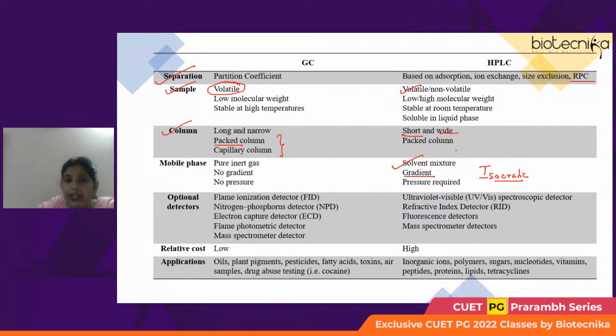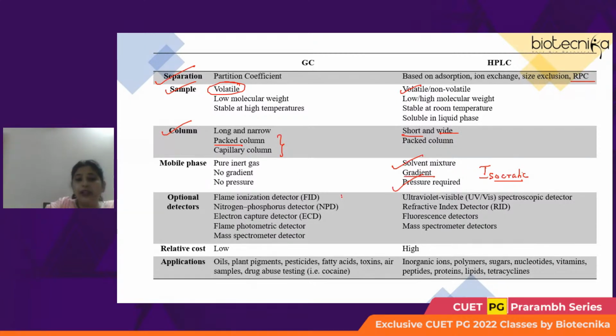And in isocratic only one eluent is required, but in gradient we use two. Isocratic means one eluent, the solvent that will pass through the column, is one only, but in gradient it will be two. So you are providing a mixture of two solvents that will pass through the column. And yes, pressure is required, which is why I mentioned here that a high pressure pump is required.